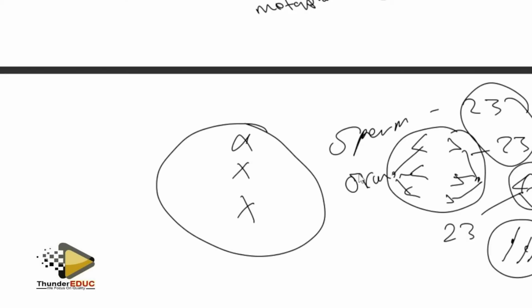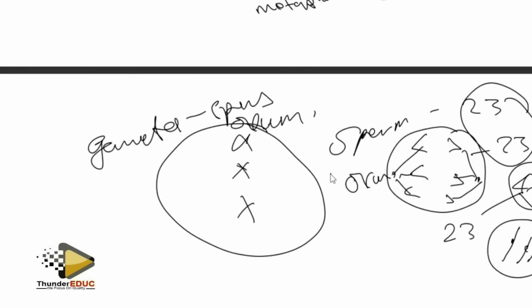Number 2, the major importance of meiosis is to produce gametes. Gametes are the sperms and the ova. Number 3, where does meiosis take place?